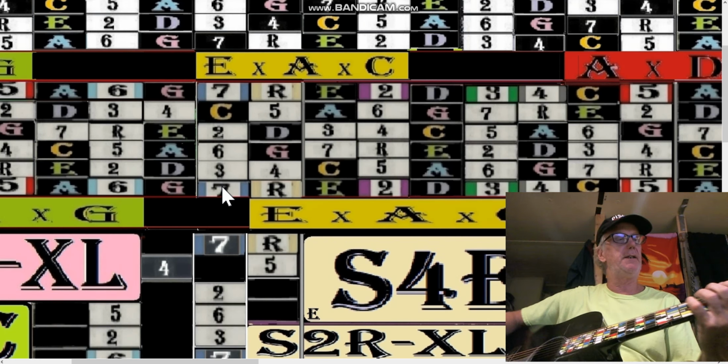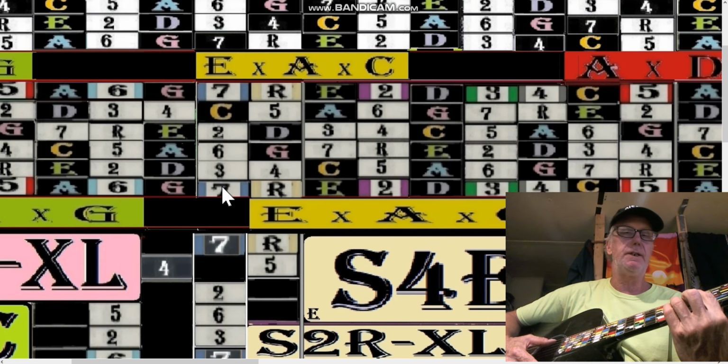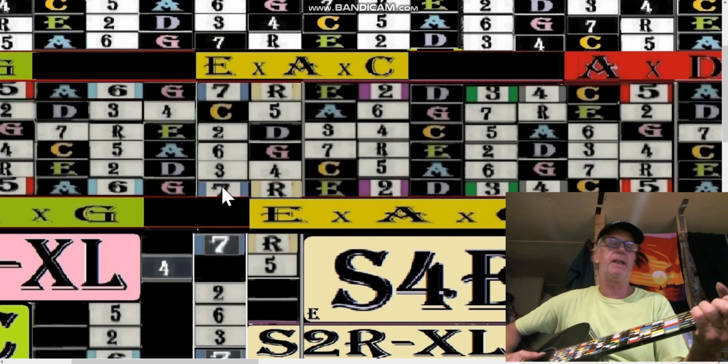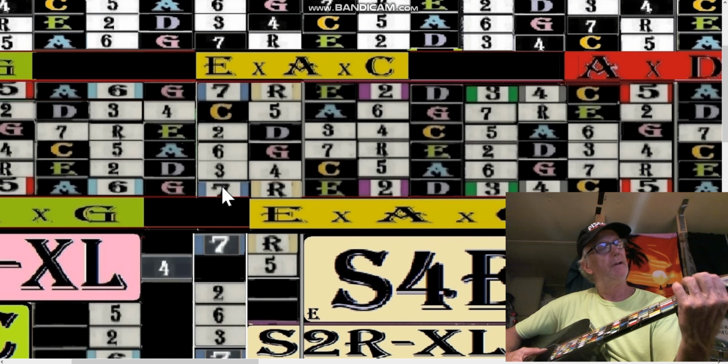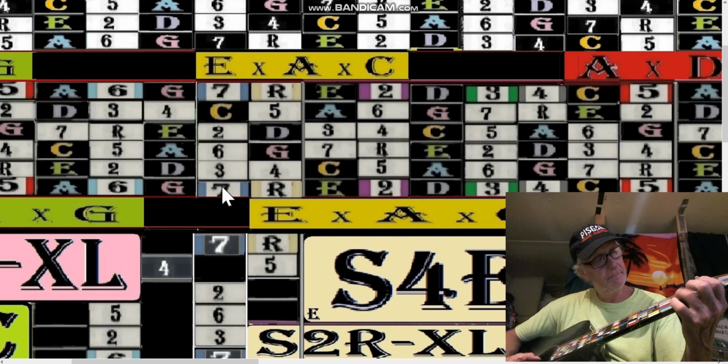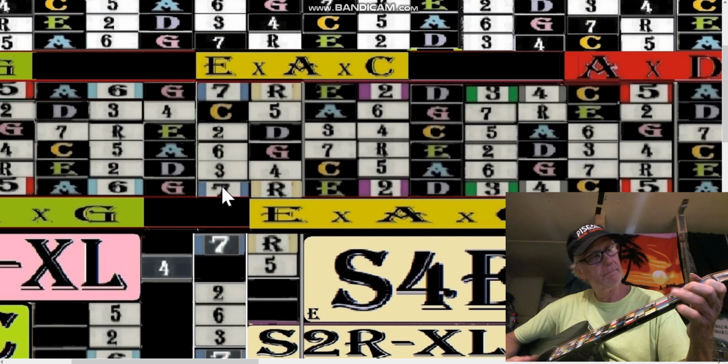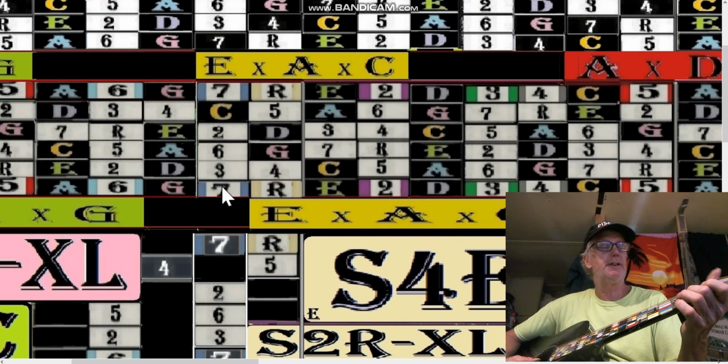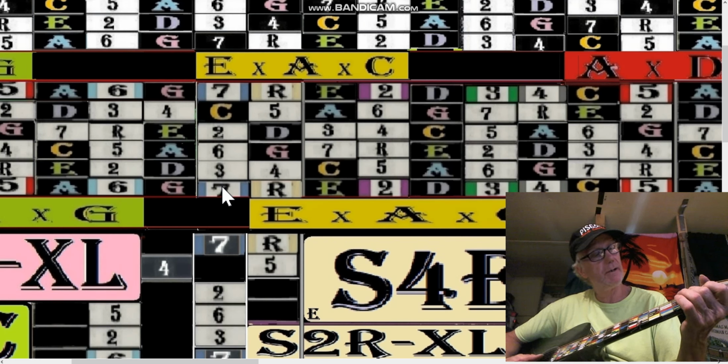So you can do that in F. Can't do it in E. E shape down here, you can't do it. You can do it in F. E shaped, actually it's an E shaped D flat down here on my guitar.